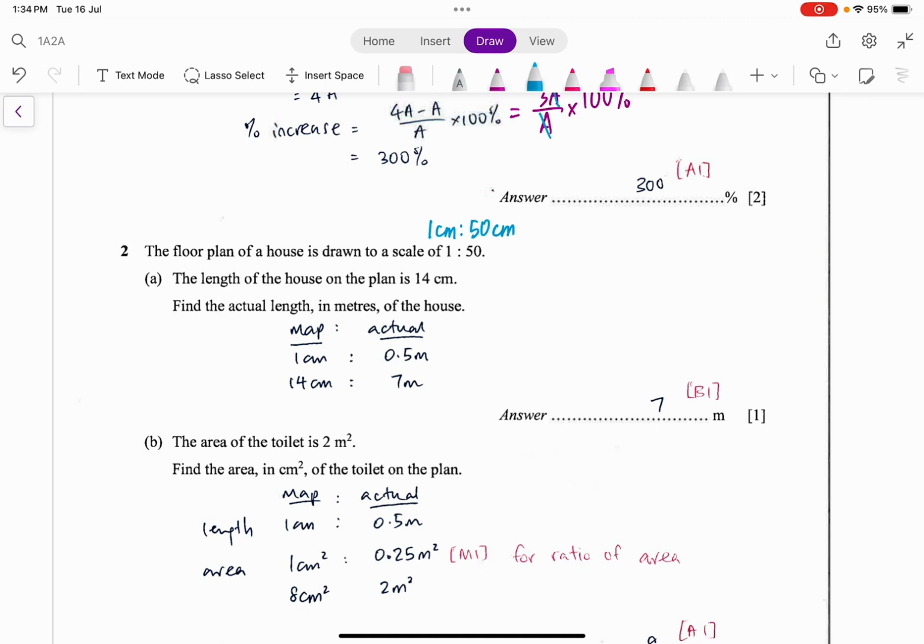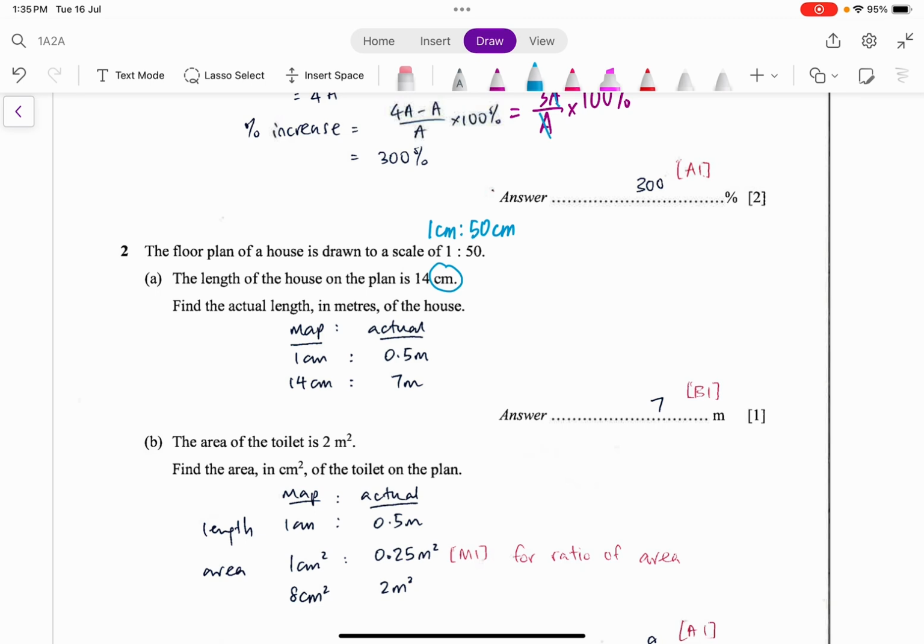Same units. When they never write units, it means you can put any unit. You can put 1 meter is to 50 meters also. No problem. But it's more convenient for this case because they gave you the length of the house in cm. So putting in cm is easier. Later I times 14 will do.